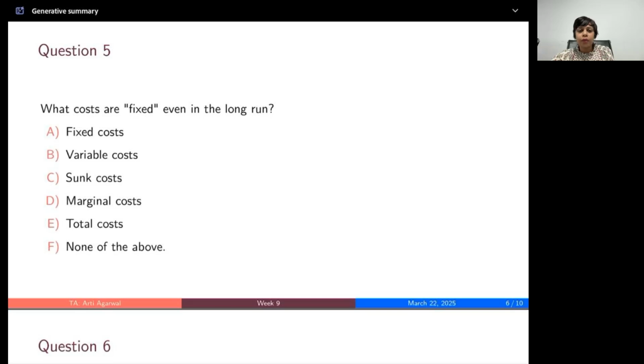You may still have some fixed cost in the long run, but you can vary that amount which you had initially. Your fixed cost in the short run may not be the same as your fixed cost in the long run. In the problems you get, it may still be the same, but you can technically vary it. That is the one key thing which I wanted to point out.